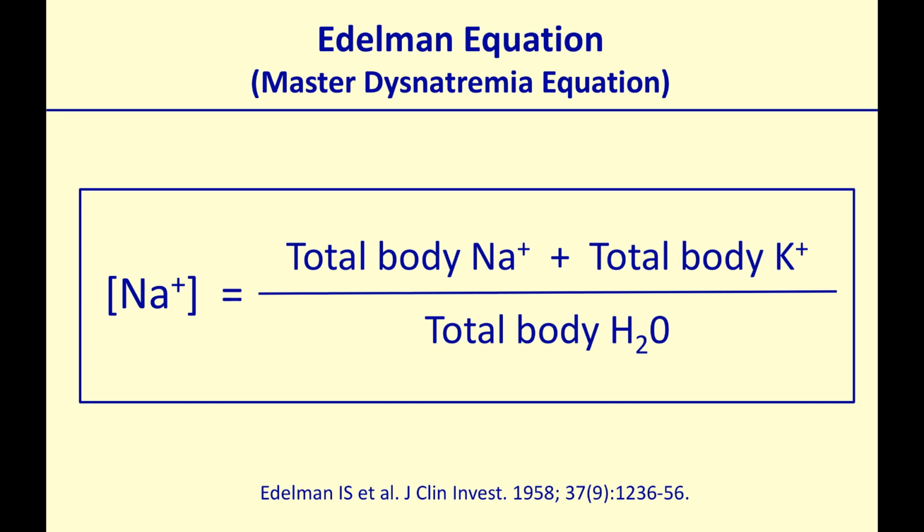So you look at the equation and you ask yourself, well, I understand why total body sodium and total body water would affect plasma sodium, but what does potassium have to do with plasma sodium concentration?